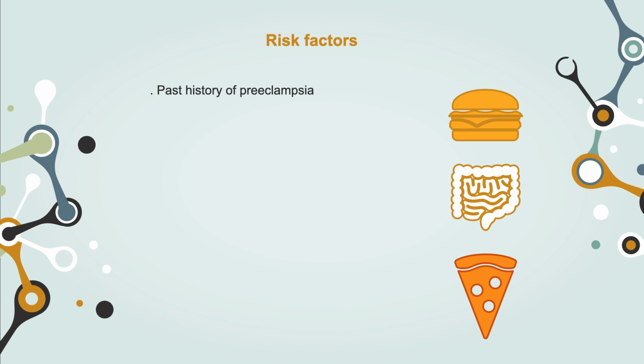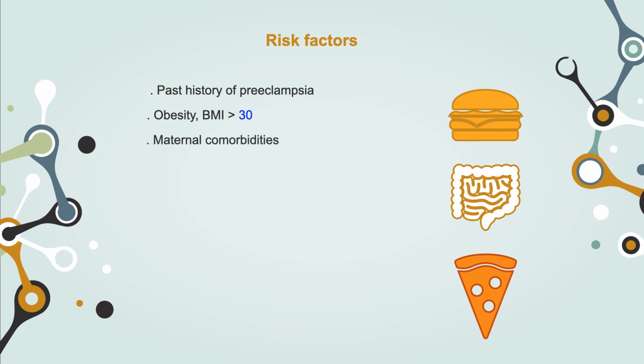These risk factors are important to know because they are going to give you these risk factors in the question vignette. Number second is obesity, BMI greater than or equal to 30. In order to remember this, I drew here a lot of fast food like burgers and pizza, just to remind you of obesity.